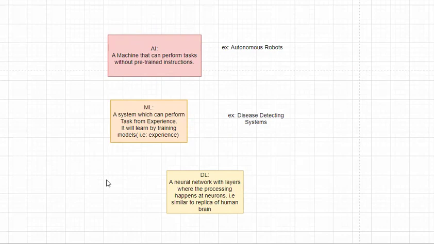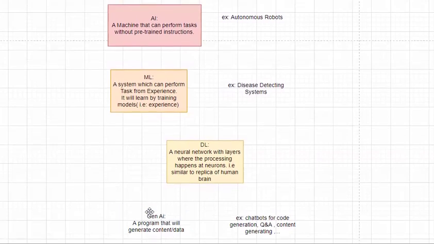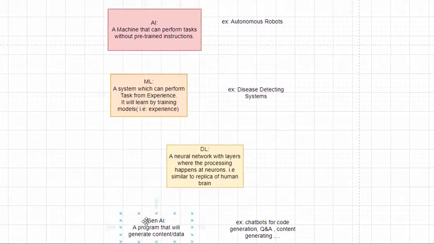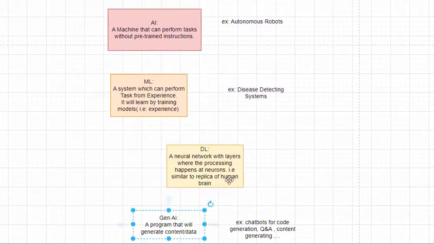For that also, I need some machine, some program, right? We can call that Gen AI. That comes under a subpart of ML and deep learning models. So what is that? Gen AI.